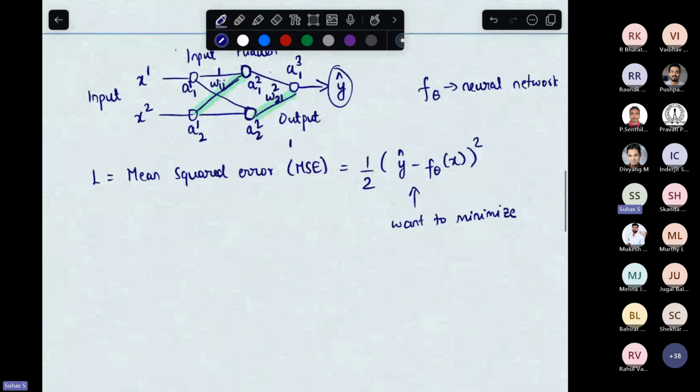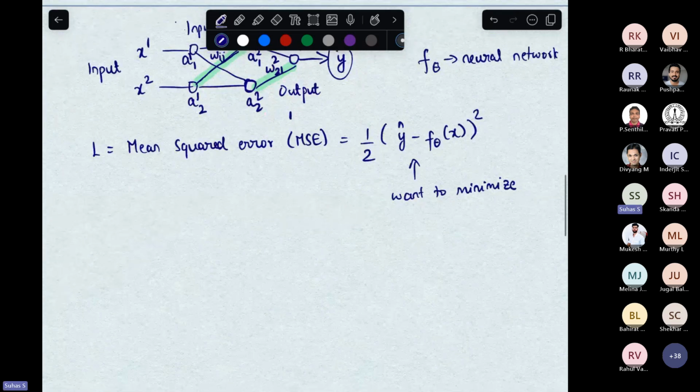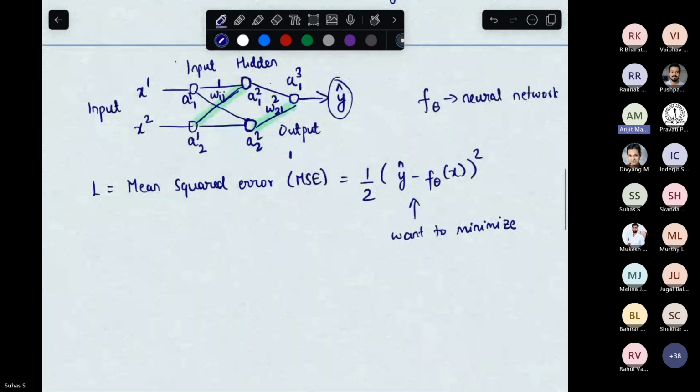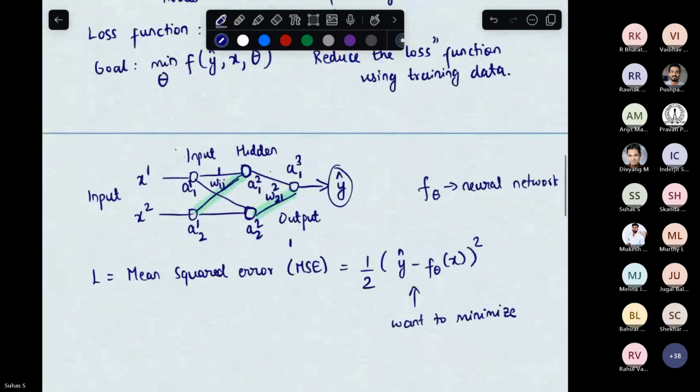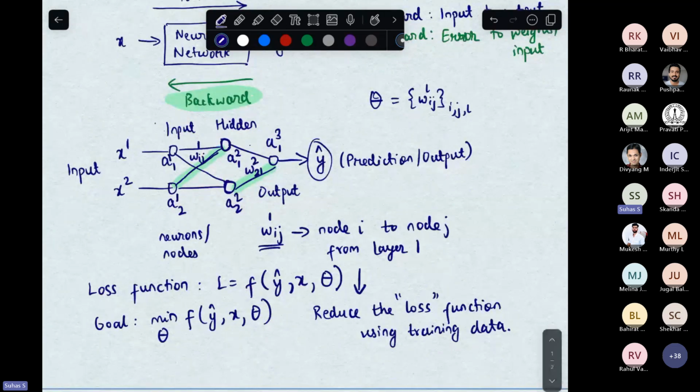In order to minimize any function, there is a hand raised. Yeah, I have a question. Can you please tell me what theta denotes? Sorry, I did not understand it fully. Sure. Theta is the set of all weights.